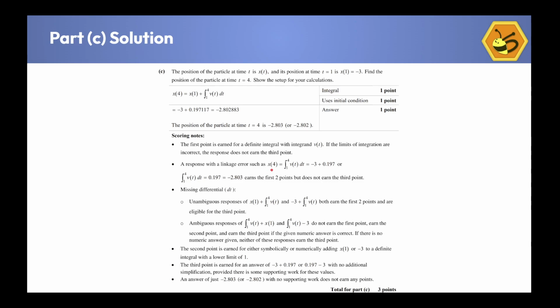If you made a linkage error, you lose a point, for example because you forgot to put x(1) here, or you have a weird jumping answer. And as usual for missing differentials, for unambiguous responses, you're fine. But if the response is ambiguous, you will lose the first point.